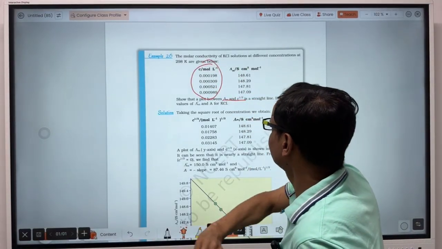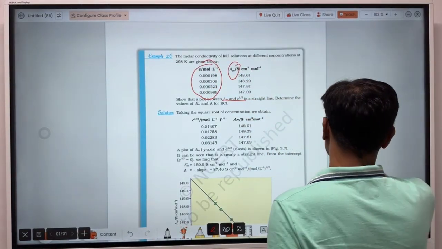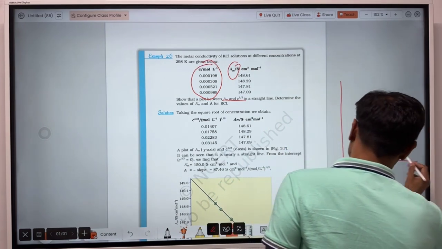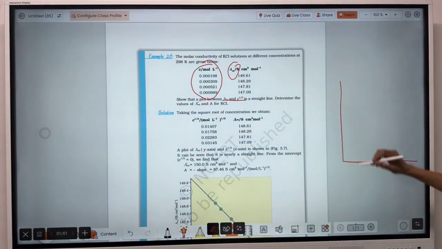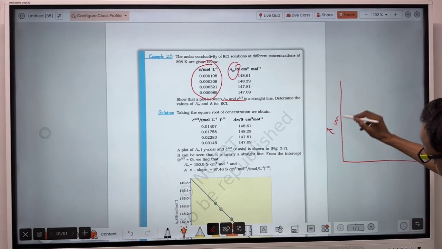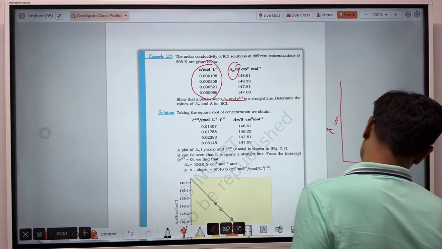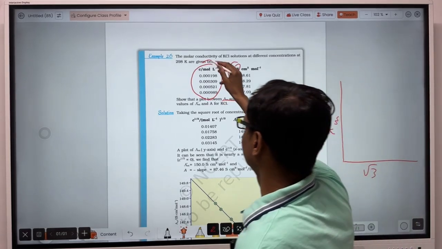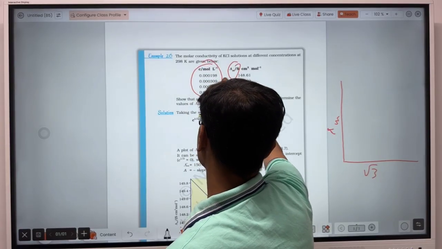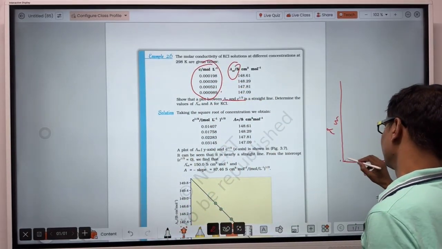Take the square root of the concentration and plot it against lambda m. Take a graph with lambda m on this side and root under c here. Firstly, you will have to calculate root c, and then plot the graph.